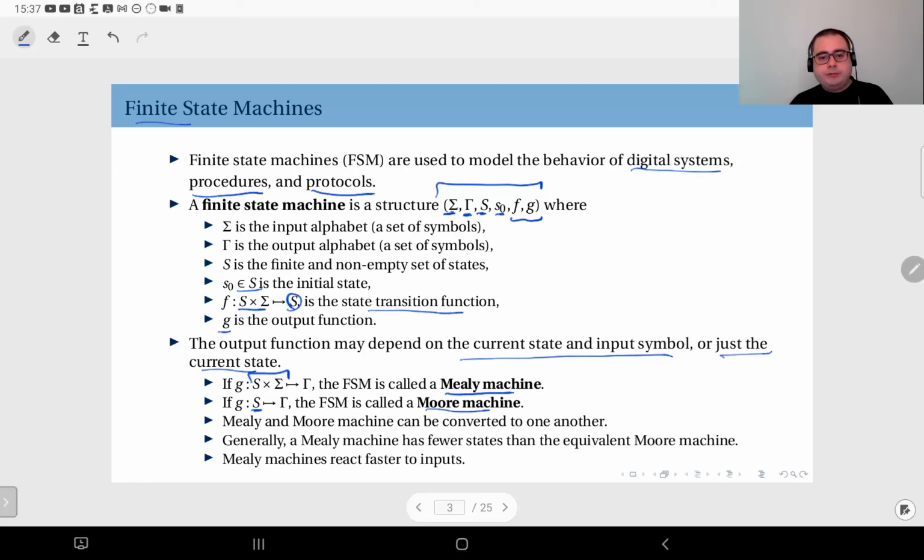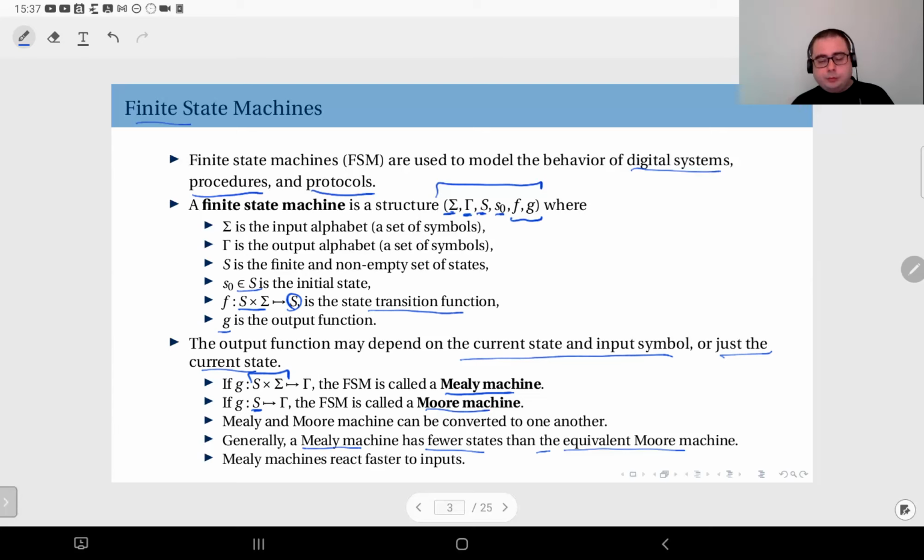There are certain differences between the two types, but essentially you can convert one to another. So theoretically speaking, they are equivalent in terms of computational capability. On the other hand, they have certain differences, obviously. In general, a Mealy machine has fewer states, so it might be easier to design Mealy type machines than the equivalent Moore machine.